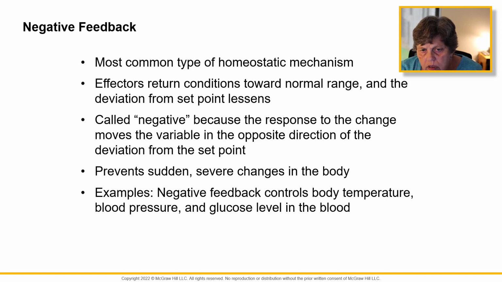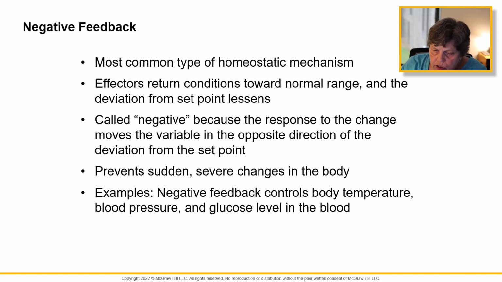And most of that is done using what we call negative feedback. This is the most common type of homeostatic mechanism, and basically where you're going to return the condition back towards normal range. Okay, it's called negative, as it says, because the response to the change moves it in the opposite direction of the way it moved.